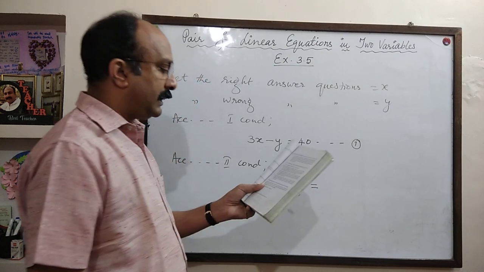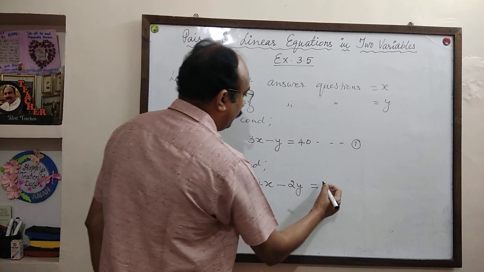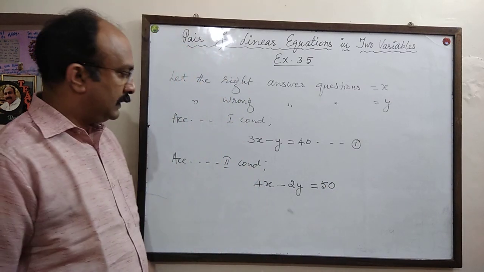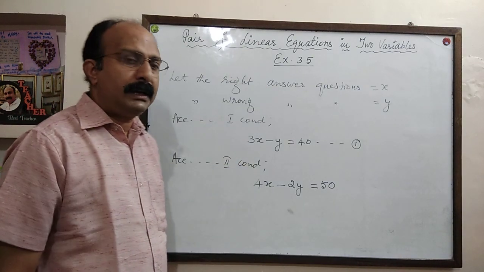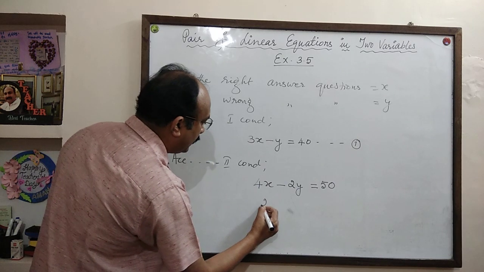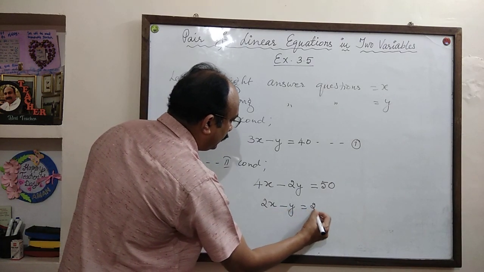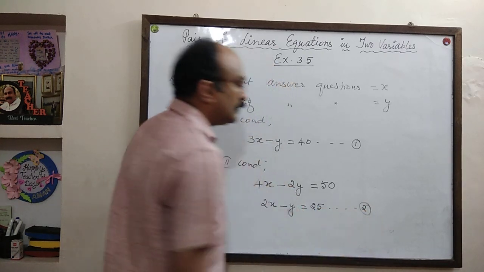Then this score will become 50. 4x minus 2y is equal to 50. We can take 2 common and cancel. So it becomes 2x minus y is equal to 25. This is equation number 2.